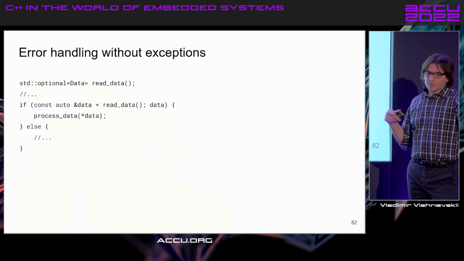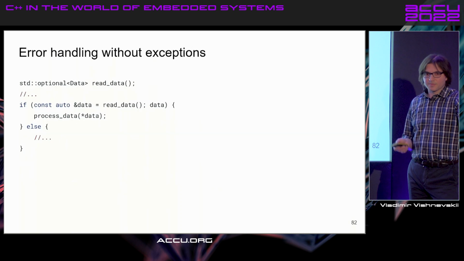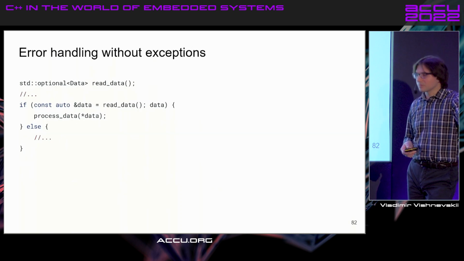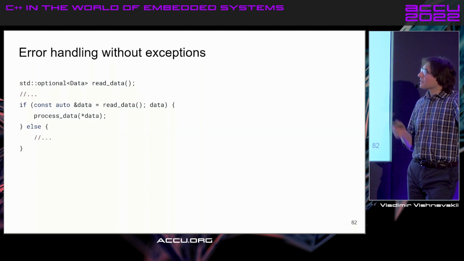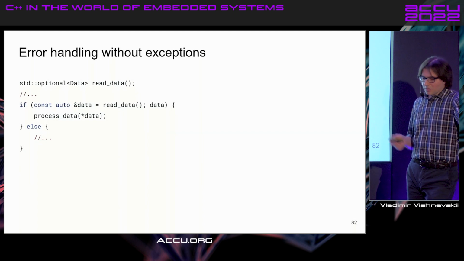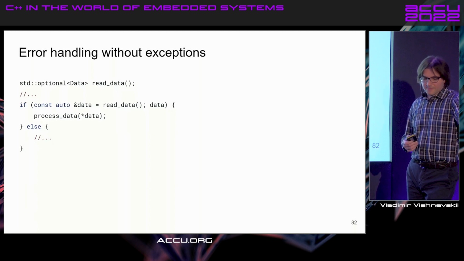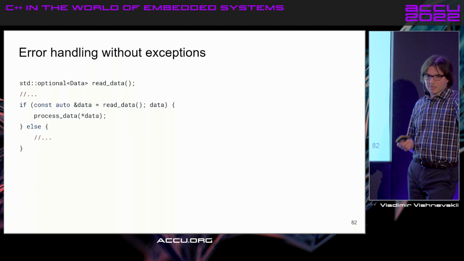As we discussed before, if we would like to avoid exceptions, which is not seen as that critical, but if we want to, we still need to maintain proper error handling. Here we can go in the direction of using optional, for example, because there is no dynamic allocation for it.